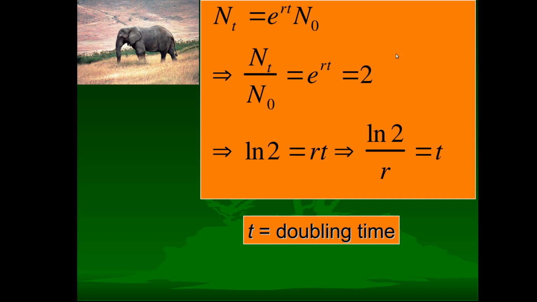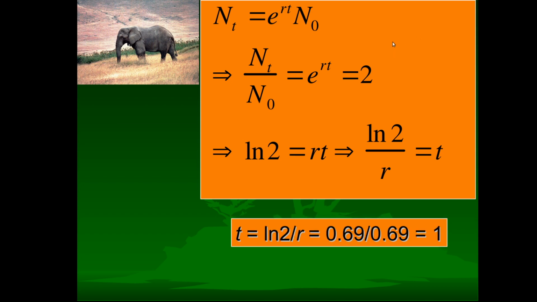So we know that little r is 0.69, and we can calculate that the log of 2 is equal to 0.69. So t equals 1 generation, meaning that the population doubles every 1 generation, just like we assumed. So our equation works.